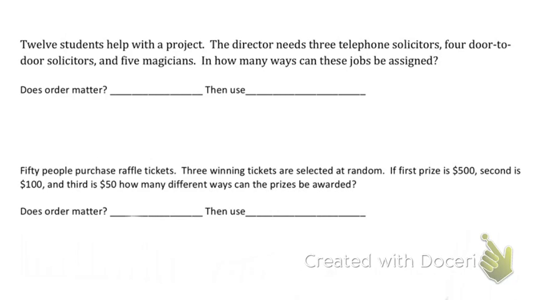Whether you're telephone operator number 1, 2, or 3 doesn't matter. You're just a telephone operator. So 3 telephone solicitors is a combination. And as soon as we have one combination, it's all going to be combinations. So order does not matter, and we're going to use combination.